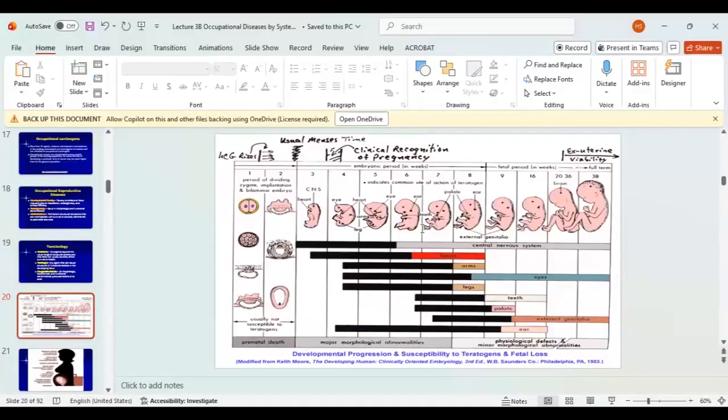All right, so whether you're a midwife or a nurse or a doctor, once you're in occupational safety and health, you need to familiarize yourself with this diagram, because it's illustrating the developmental progression and susceptibility to teratogens and fetal loss.